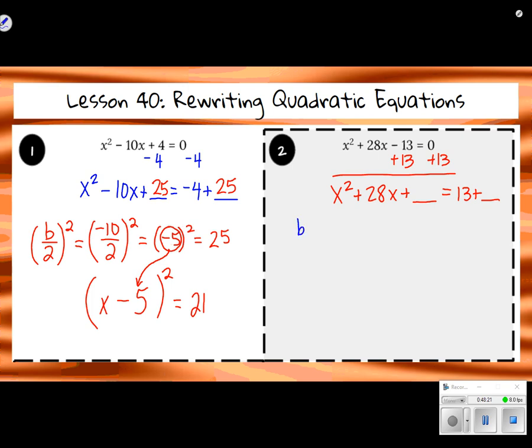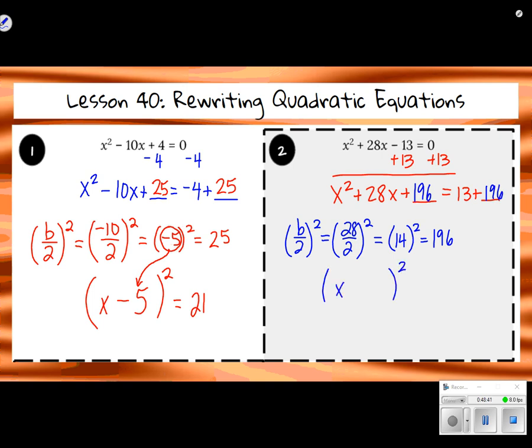We do b divided by 2 squared. 28 divided by 2 is 14. 14 squared is 196. Fun times. All right, so our parentheses look like x plus 14 squared, and then 196 plus 13 is 209.